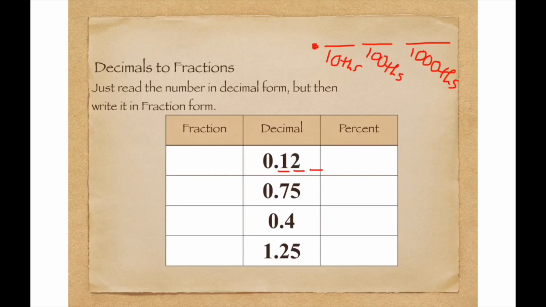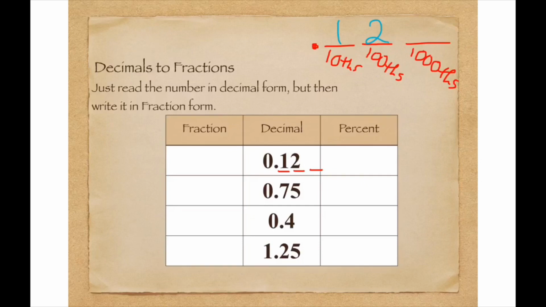So it's 0.12, but that 2 is the one that we really care about. So that'll be 12, and it's in the hundredths place, right? Because it's saying 12, it's not thousandths, there's no digit in the thousandths place. That's our last digit we read when we say the number 12, so that's going to be 12 hundredths.